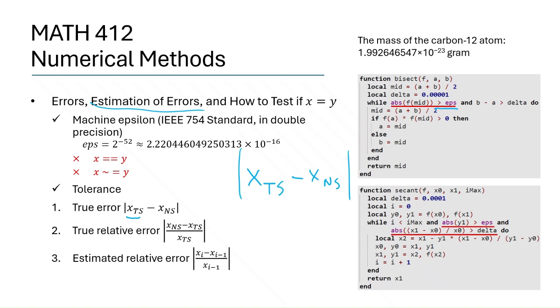Error is not a mistake. Simply speaking, error is the distance between the value we obtain and the exact value. Normally that's the definition of error.